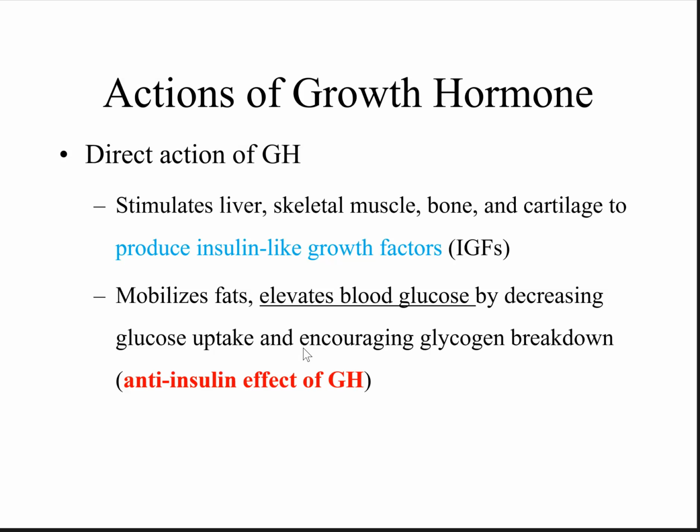So this basically has an anti-insulin effect, okay? Because insulin is something you're familiar with. Insulin is taken by diabetic patients when they have too much blood glucose. Growth hormone, on the other hand, helps increase blood glucose by decreasing the uptake of glucose by body cells.